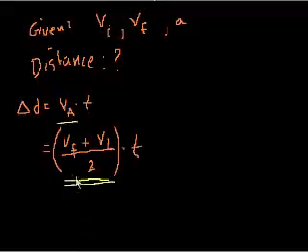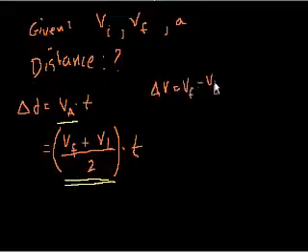Well, what's the time? You can figure out the time because we know how fast we're accelerating, and we know the initial and final velocity, so we can figure out how long we had to accelerate that fast to get that change in velocity. Or, a simpler way of saying that, the change in velocity, which is the final velocity minus the initial velocity, is equal to acceleration times time.